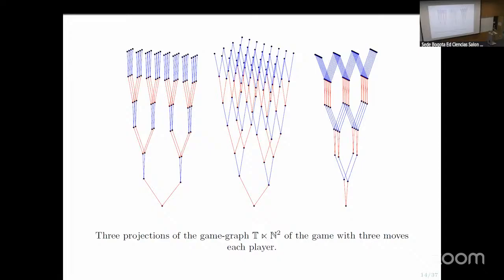And then if you see this one here, you see in blue now the positive integer lattice, and in red, you see the vertical lines. This is the game tree from the point of view of Bob. And I have here another rotation of the game graph. This is for 3 moves for each of the players.